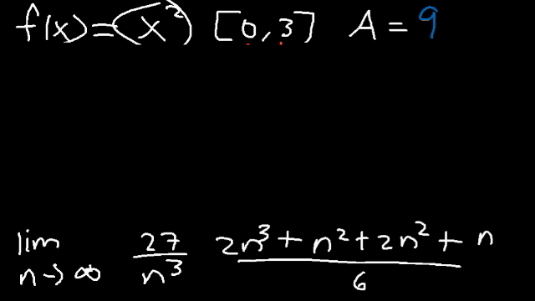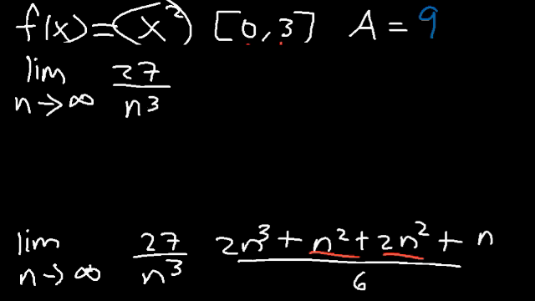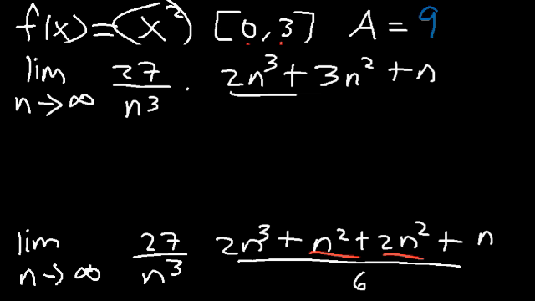So now we can combine like terms. So we have the limit as n approaches infinity, 27 over n to the third times 2n cubed plus 3n squared plus n divided by 6. So what should we do at this point? What would you do at this point?